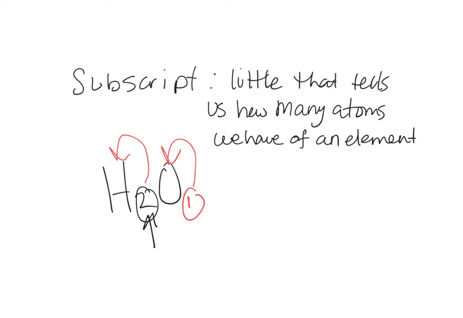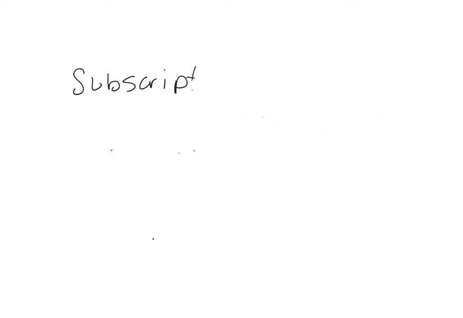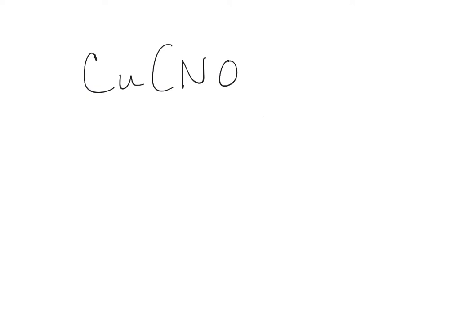This lesson is on counting atoms with parentheses. So now I'm going to take your knowledge of subscripts and add parentheses in there. Let's go back to an example like this: Cu(NO3)2.